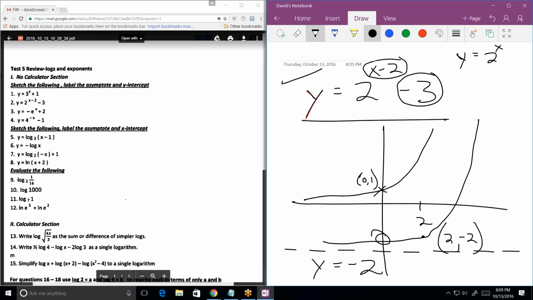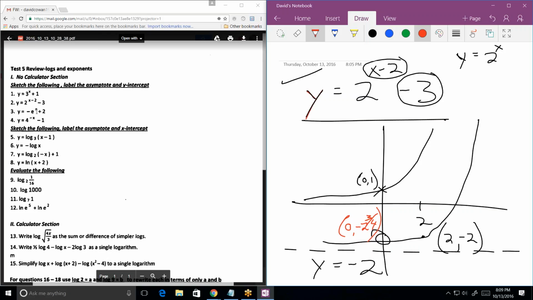So when I substitute 0 for x, I get 1/4 minus 3, which is minus 2 3/4. So the coordinates of that y-intercept are 0, comma, minus 2 3/4. Okay? You good on that one?